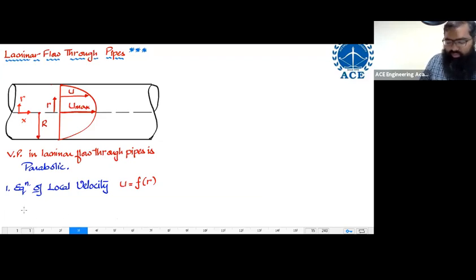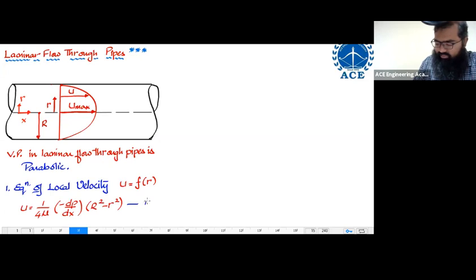The equation is u is equal to 1 by 4 mu, where mu is the viscosity of the fluid, into minus dp upon dx multiplied by capital R square minus small r square.